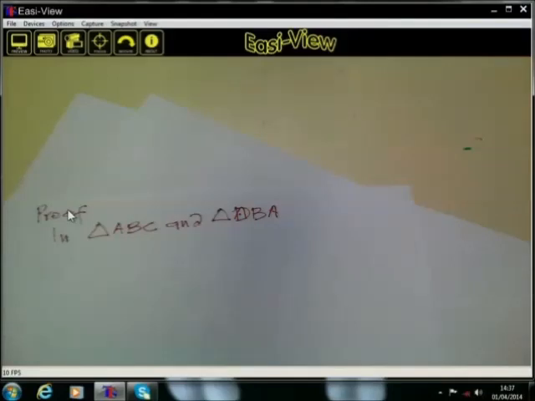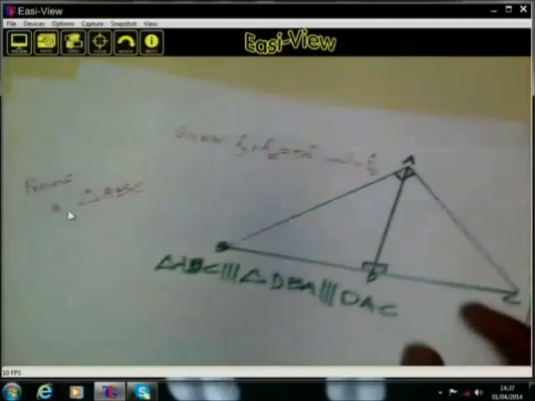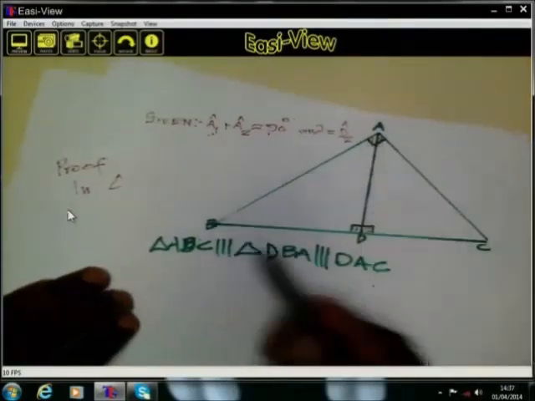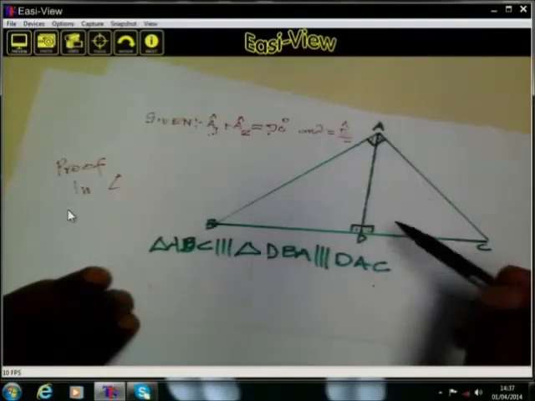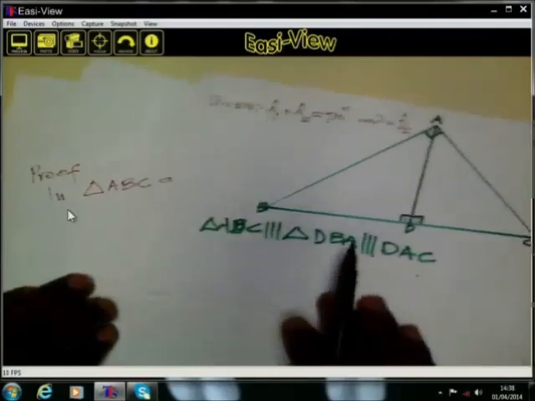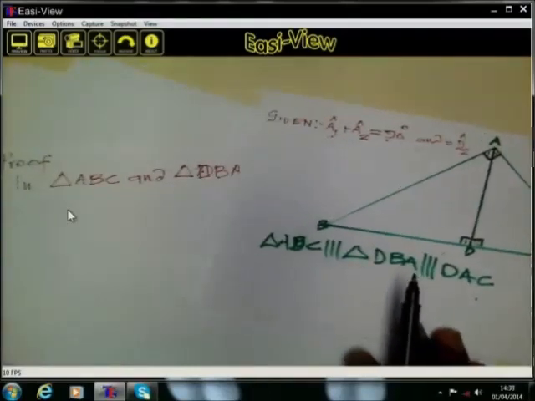In the bigger triangle ABC, maybe I should not remove this so that we are always looking at it. If you look at the bigger triangle ABC, with triangle DBA, what is it that we can source out?